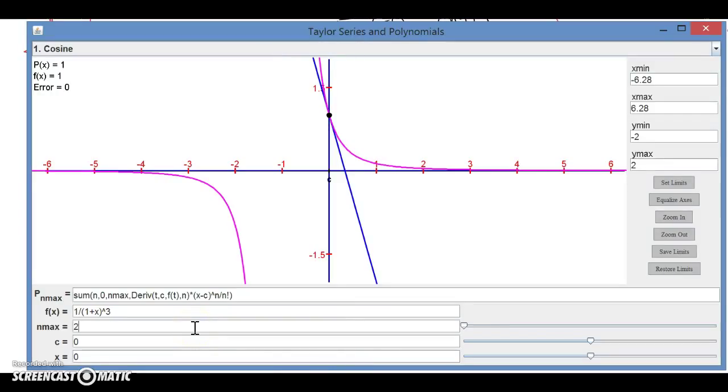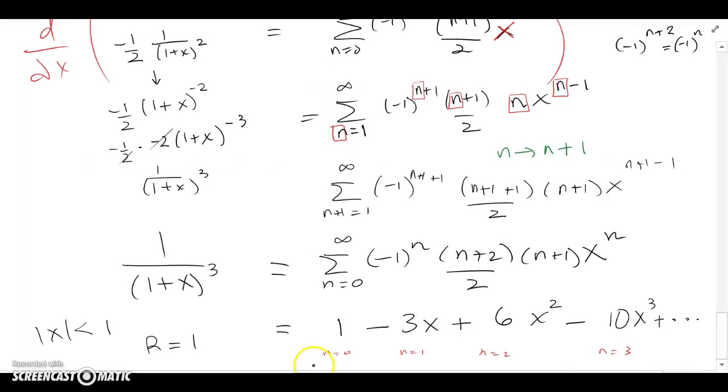If I go to a second degree, better. Third degree, capturing a little bit more of it. Fourth degree, again going out further in your interval. Fifth degree, sixth degree, and so on. In this interval -1 to 1, it looks like it captures it even better. It keeps capturing the function, so it looks like the power series I have does capture this function in that radius of convergence of 1.